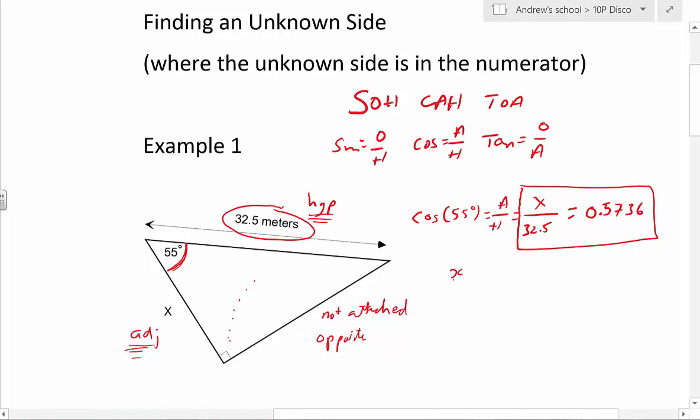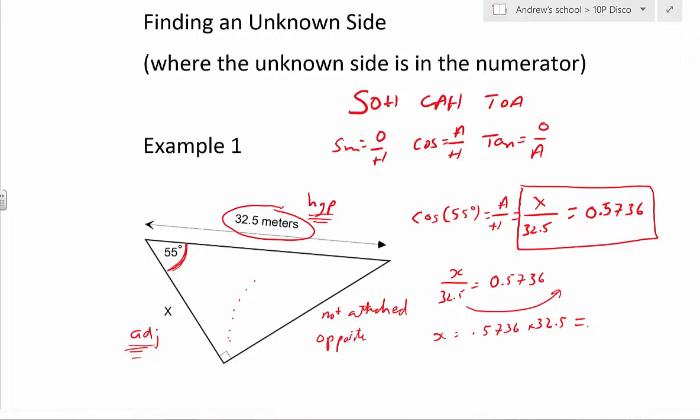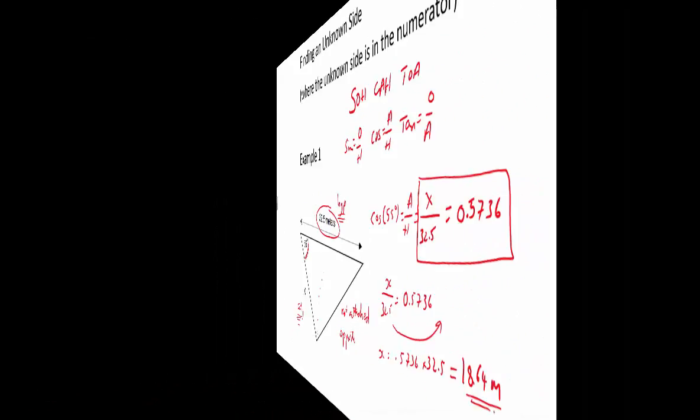So if x divided by 32.5 is equal to 0.5736, then multiplying up by that will tell us that x is 0.5736 multiplied by 32.5, and you do that on your calculator and you'll get the answer of 18.64, and of course the units are meters. 18.64 meters.